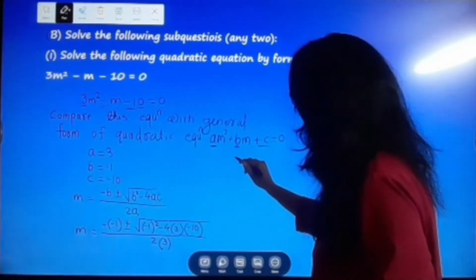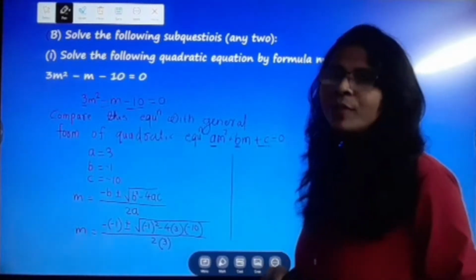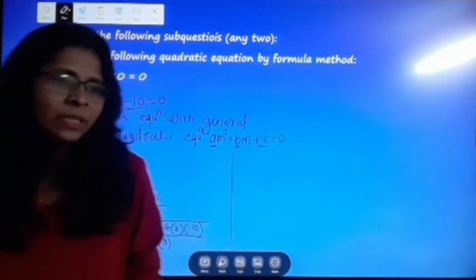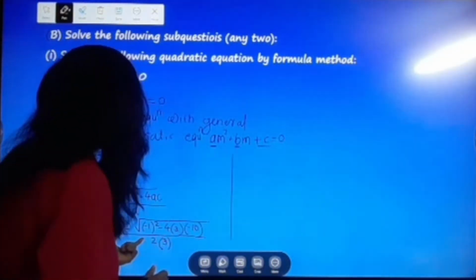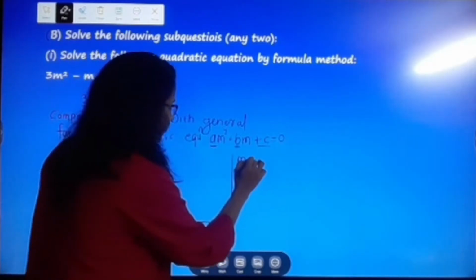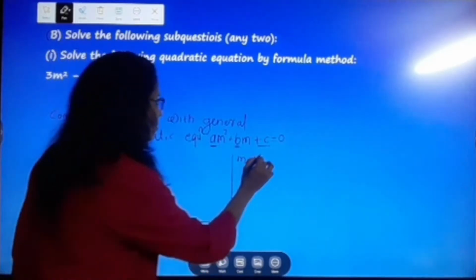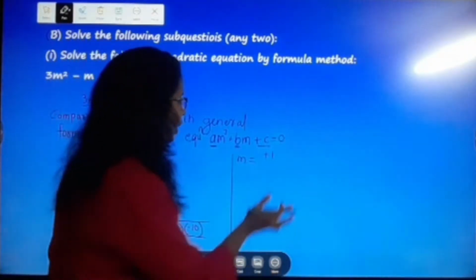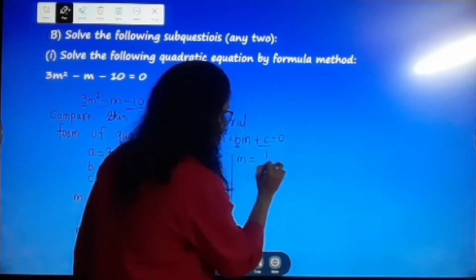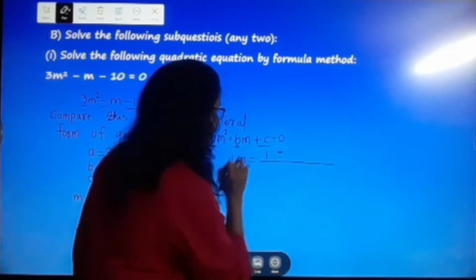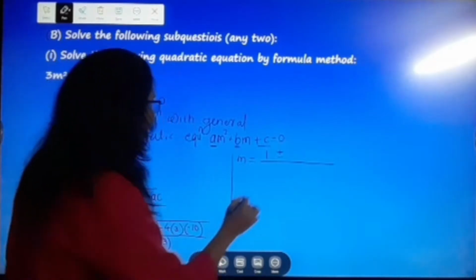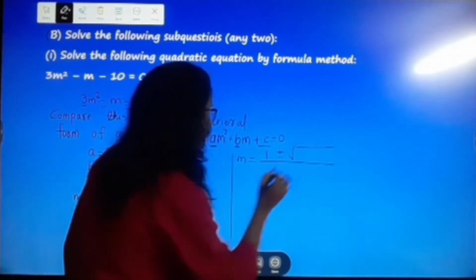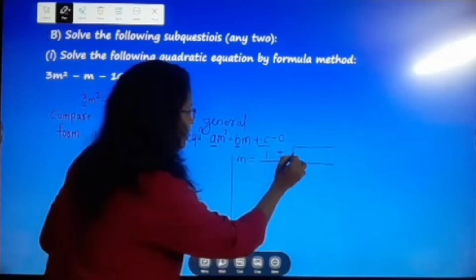Okay, and then here students, the next step is solving. That is m is equal to plus 1. Plus 1 means students 1 only. So I write down here 1 plus or minus square root of minus means 1.